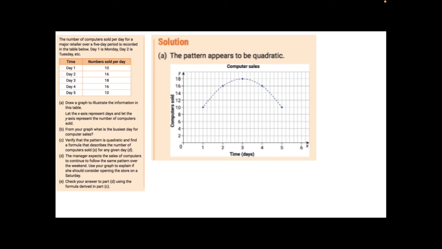Okay, let's look at part D. The manager expects the sales of computers to continue to follow the same pattern over the weekend. Use your graph to explain if she should consider opening the store on a Saturday.